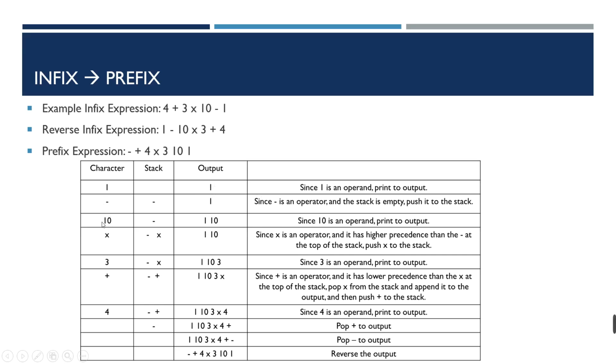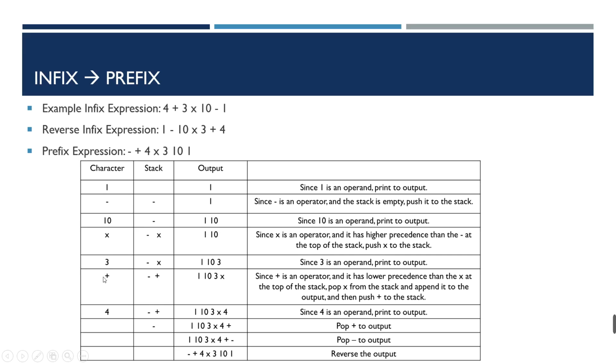And then 10. Since 10 is an operand, print it to the output. The next is multiplication, times. Since the times is an operator and has higher precedence than the minus at the top of the stack, push the times to the stack. And then since 3 is an operand, print it to the output.